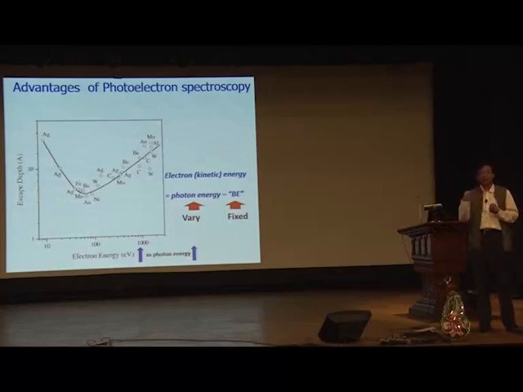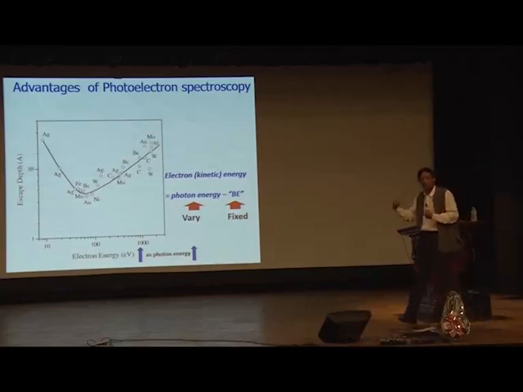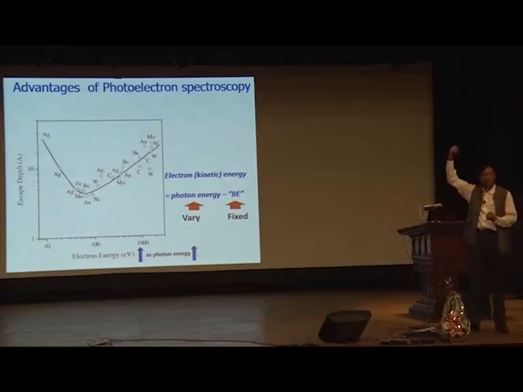If the electron that I ejected has zero kinetic energy, it cannot suffer any inelastic loss because it has no energy to give. So it will have an infinitely long escape path. Similarly, if the electron has very high energy, it has a lot of energy to give, but it will zip past everything so fast that it will not interact with the material.